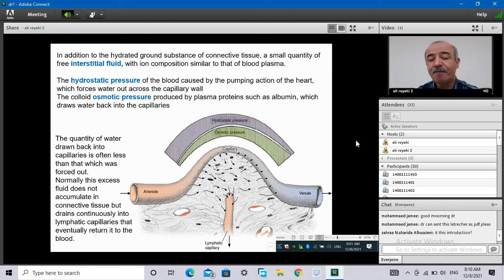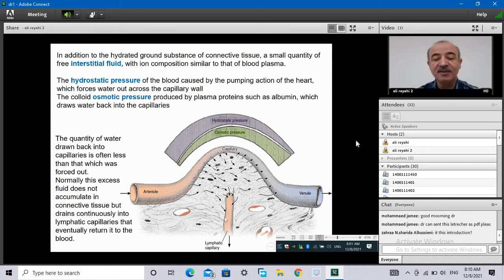Look at here. Within the tissues, there are some very thin, small, blind-ended capillaries called lymphatic capillaries. The lymphatic capillaries collect additional fluid of the interstitial fluid, the fluid between the cells within the tissue. Additional fluid is collected by lymphatic capillaries, and it forms the lymph.